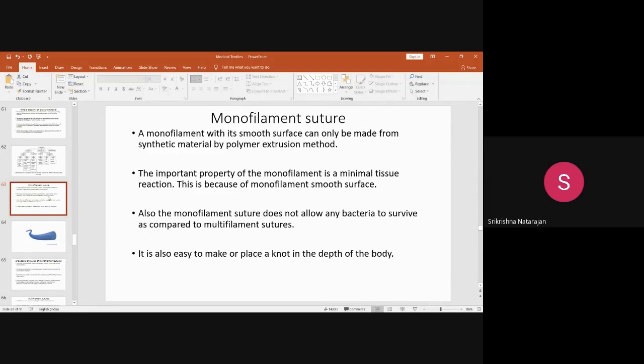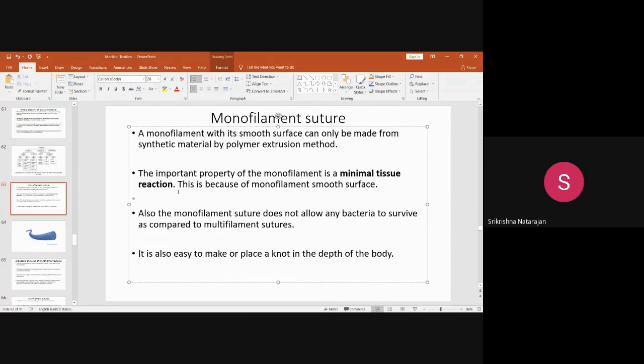So the important property of the monofilament is minimal tissue reaction. It is an advantage. The tissue reaction should be minimum. It should not react with the tissue. And because it has a smooth surface, it will not create any kind of adverse tissue reaction.